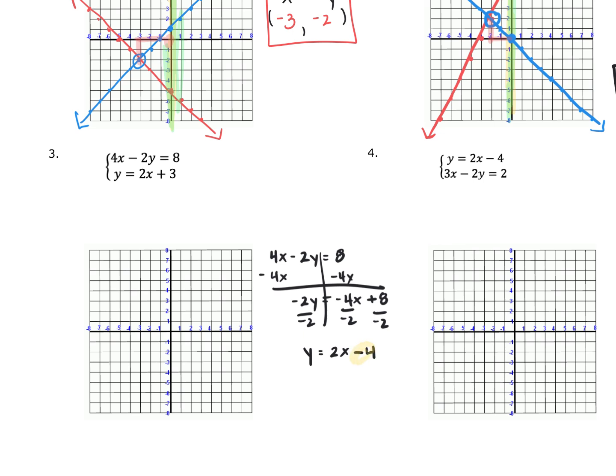So now we have this right here, and I can go ahead and graph because that y is all by itself. I'm going to put my first point on negative 4. And then from there, this is my m. So m is telling me I'm going to go over 2. I don't have a bottom number, so I'm going to go up 2 and over 1.